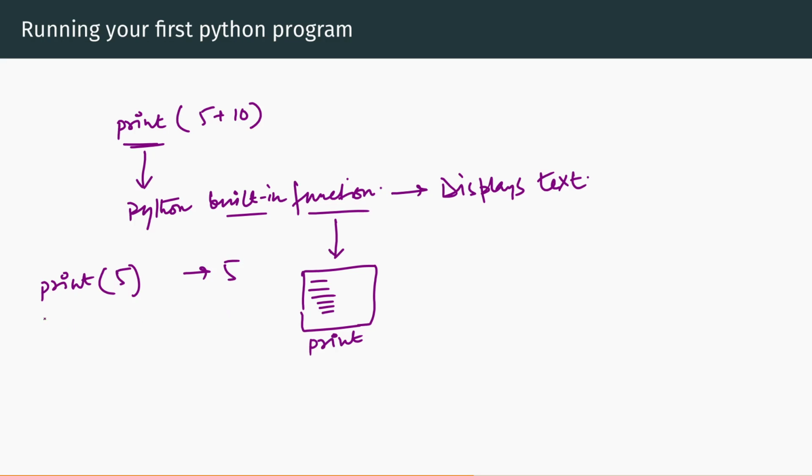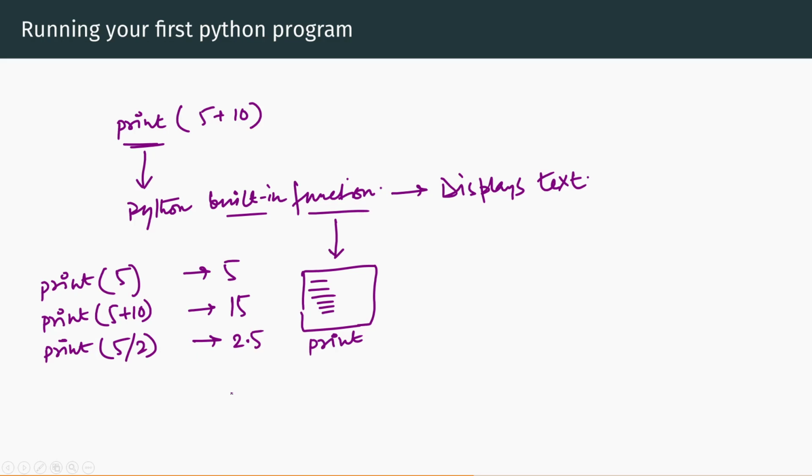And when you say print 5 plus 10, it does not display 5 plus 10. It actually does the calculation, evaluates that expression to 15, and then displays 15. If you were to say print 5 divided by 2, it will evaluate the expression and then display 2.5.